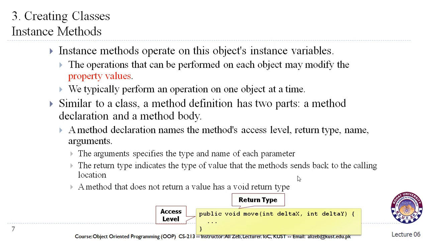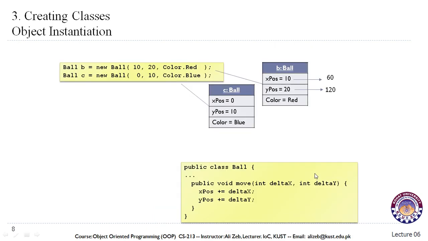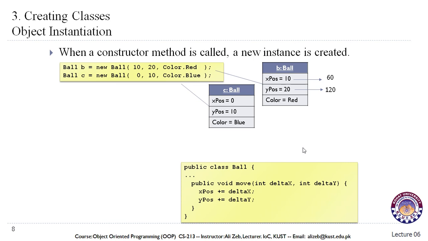As we can see, the access level, the return type, the arguments. And if we look at the example class that implements this method over here, we can see that we have the initial values for the objects of the class.